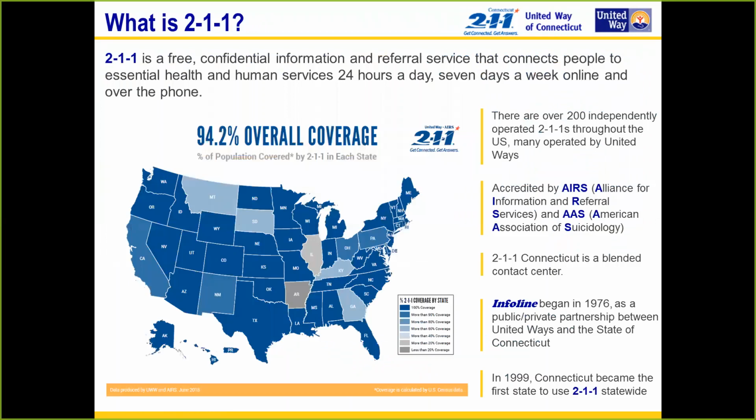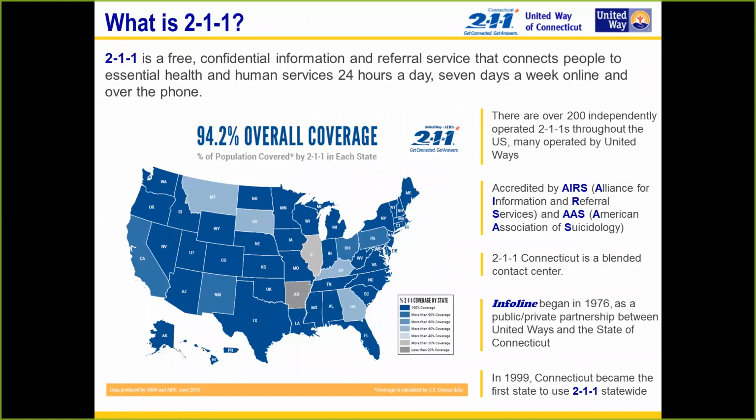Okay, so I know most of you are probably familiar with 211 and who we are and what we do, but for those of you who may not be, I want to provide just a minute or two of background. 211, like 911 or 411, is a national 3-digit dialing code that was created to make it easier for individuals to connect to important health and human service information and resources.